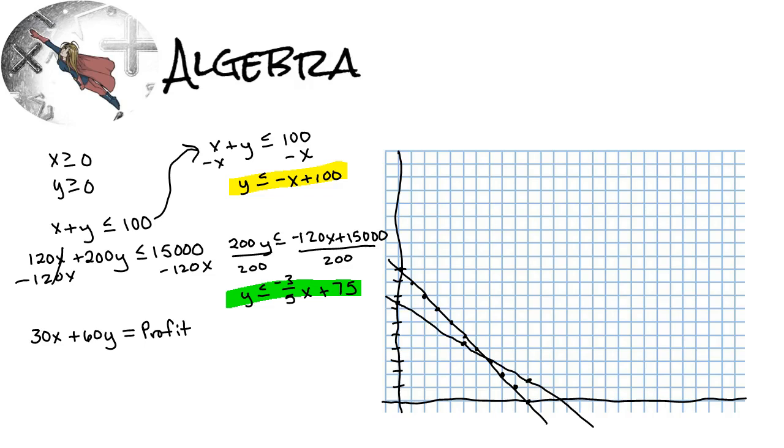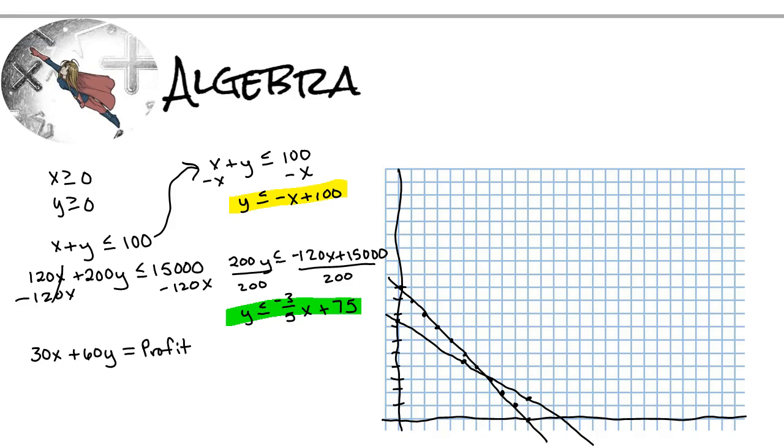It's kind of hard to tell where the two lines are crossing, but we can do some work to figure that out. Now the shading for each line, both lines were less than or equal to. So that means that the shading would end up being all down here. Now what that does is creates vertices. We have a vertex here.